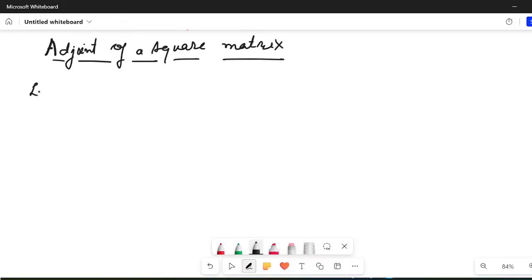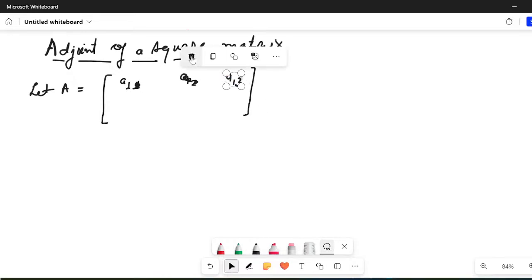Let us consider that we have a matrix A given by A11, A12, A13. I'll use some different notation, otherwise all these things will become so muddled that you will not be able to understand.